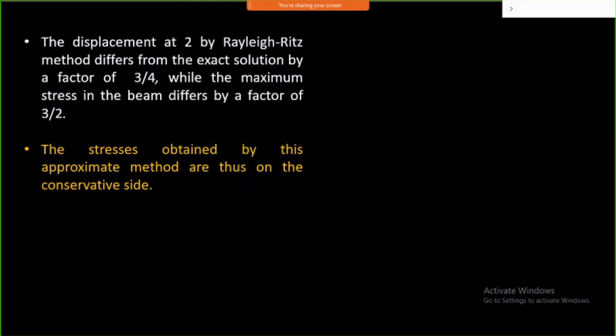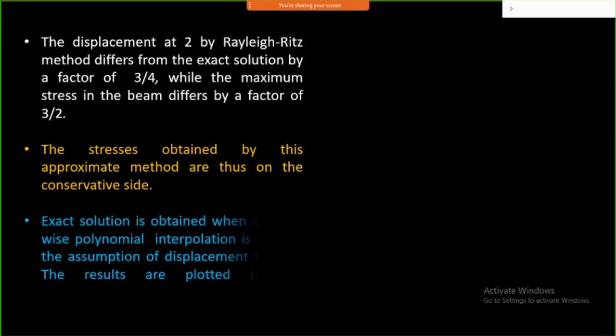So instead of that, if you take a derivative with respect to u, we'll get better results. That is what we can observe here. And here displacement at point 2 by the Rayleigh-Ritz method differs by a 3 by 4 factor, while maximum stress in the beam differs by a 3 by 2 factor, 1.5 or something.